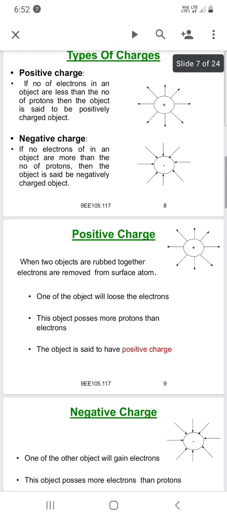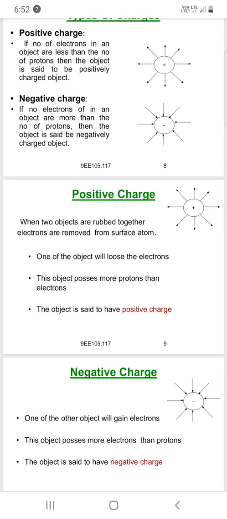Observe these two figures. The first figure is the positive charge and the second figure is the negative charge. The field around the charge is called the electric field.